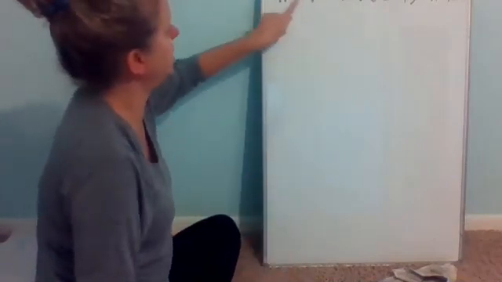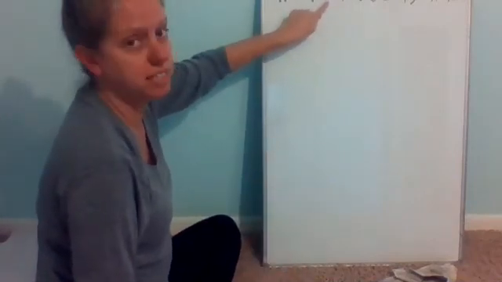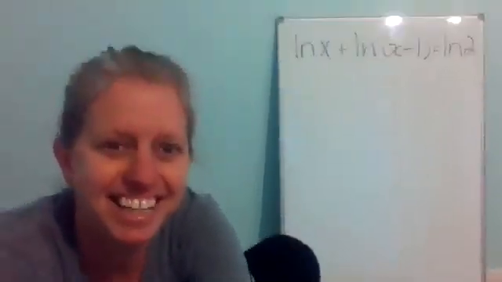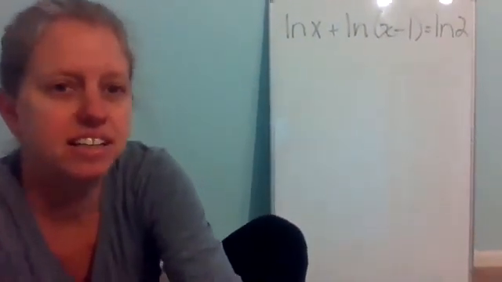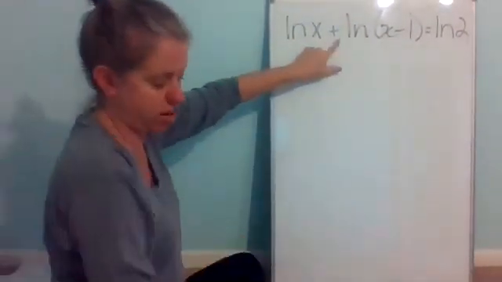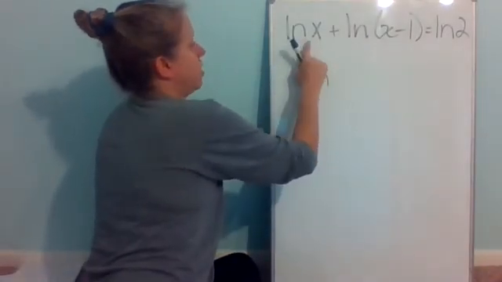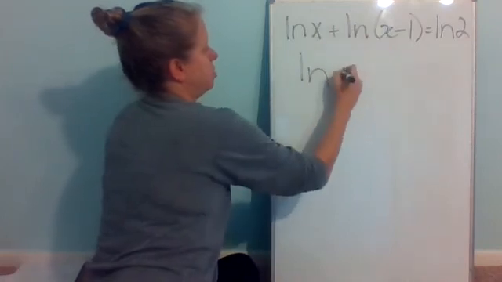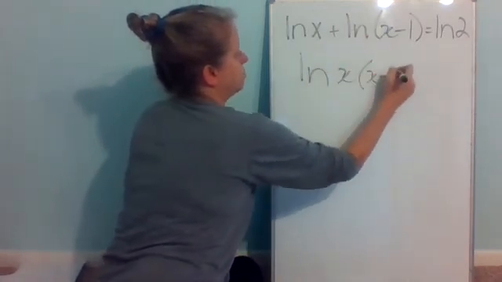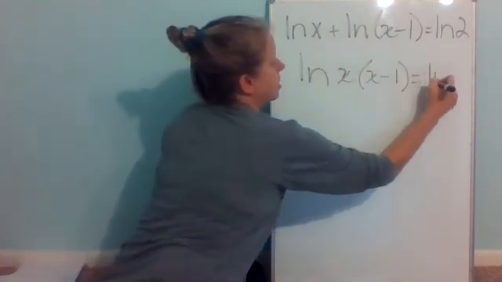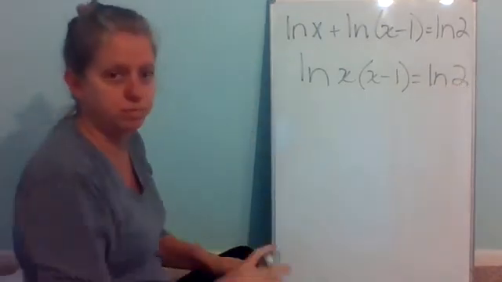So these are both ln's. They're added. Oh, sorry, Lindsay. Since they're added, I can rewrite them as a single ln. Since they're added, I'm going to multiply these two. So ln of x times (x minus 1) equals ln 2.